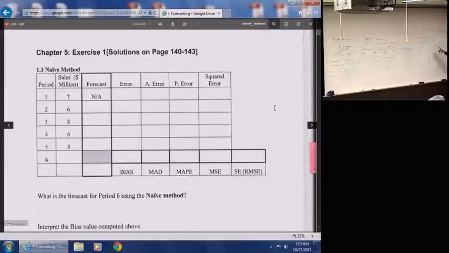Sum of squared total is a little tricky. It's the sum of the difference between the actual value minus the mean of the actual value, and then squared.